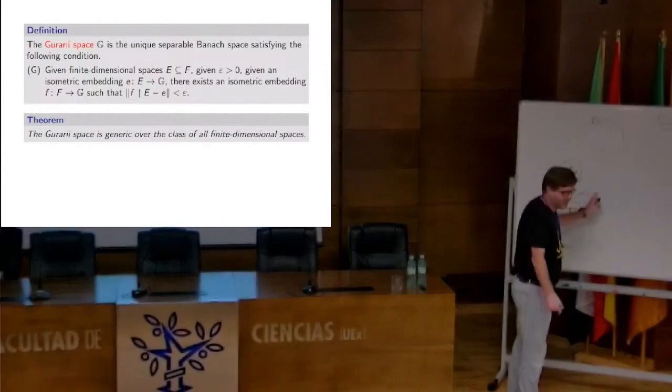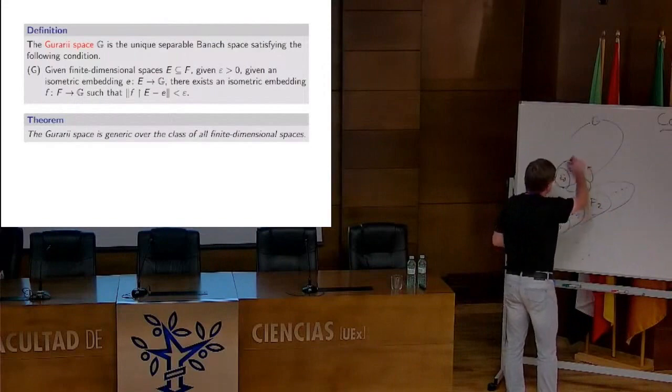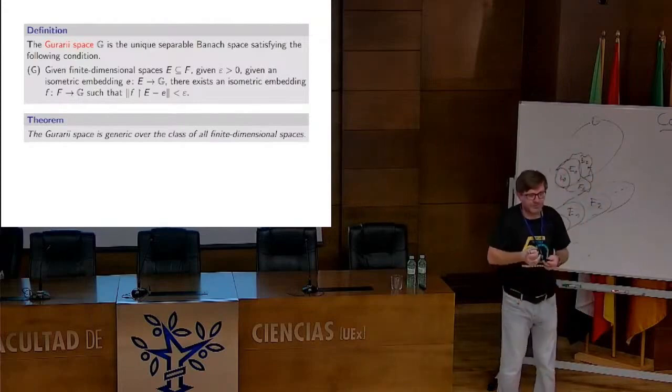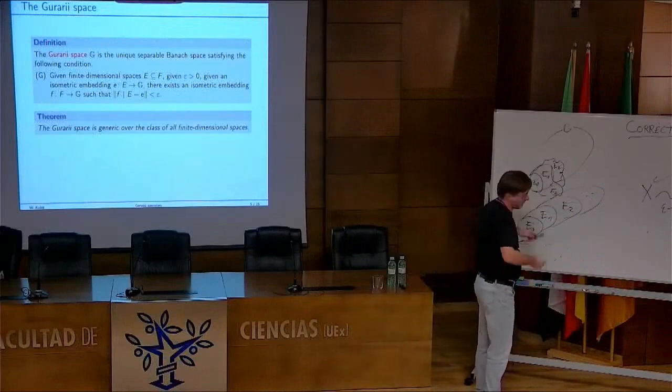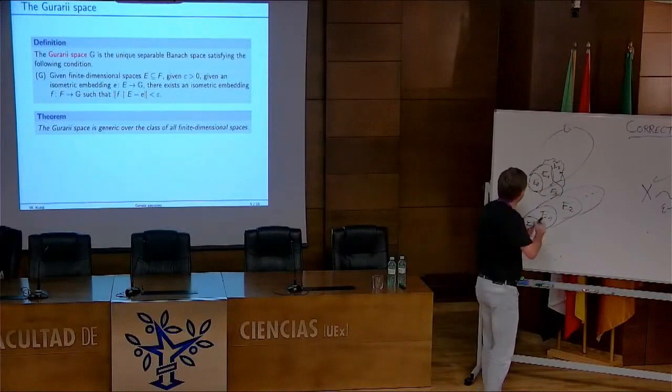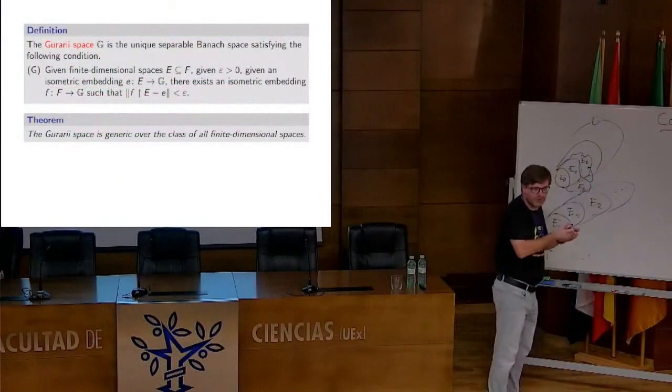If the first player extends it to some E2, which is outside, the second player needs to find a copy of it which is very close, yeah? 1/2 close maybe to this one, to E1. And he should respond with something which is big enough. And so on.